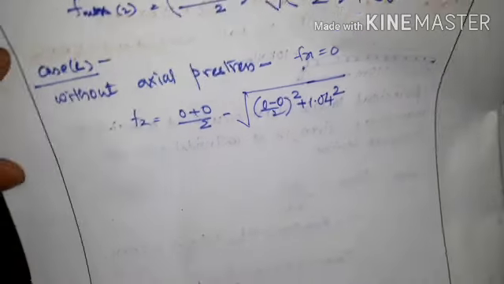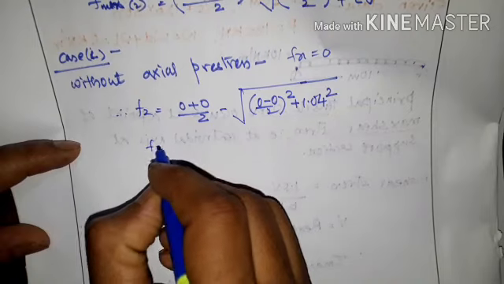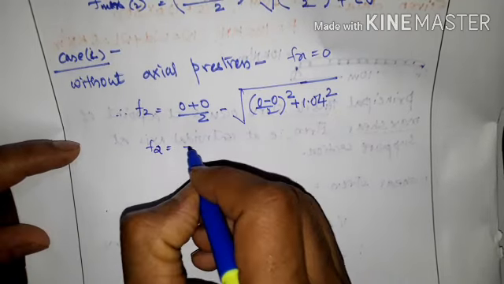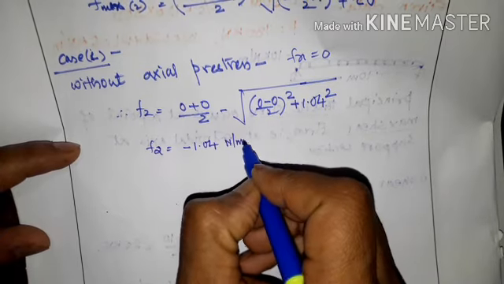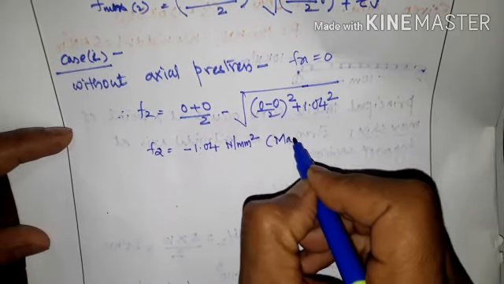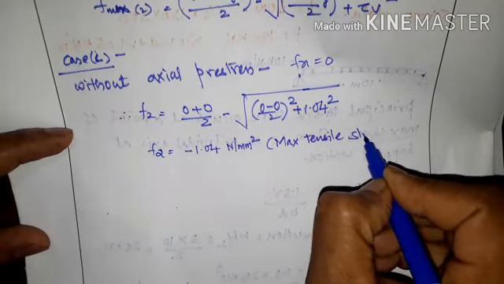So we get F2, the tensile stress or the maximum stress, as minus 1.04 Newton per mm square. So this is nothing but the maximum tensile stress.